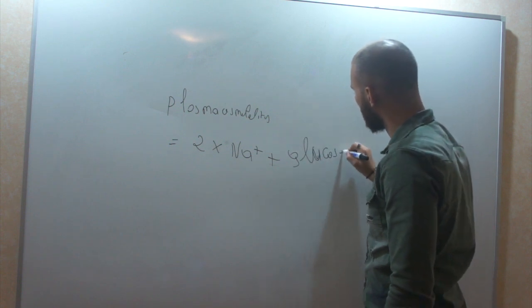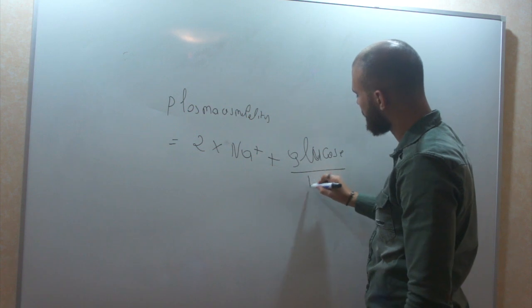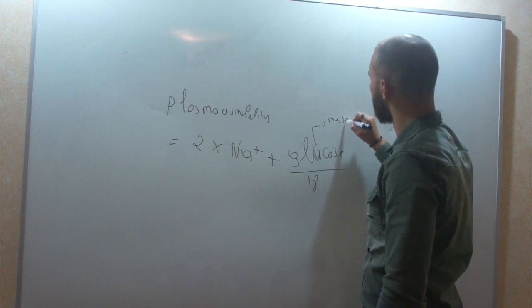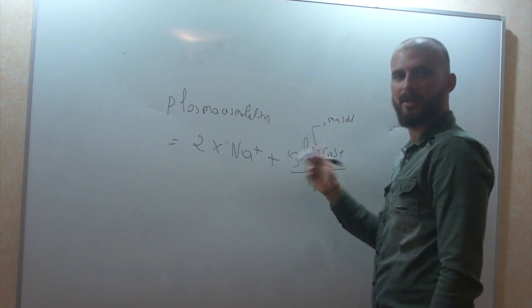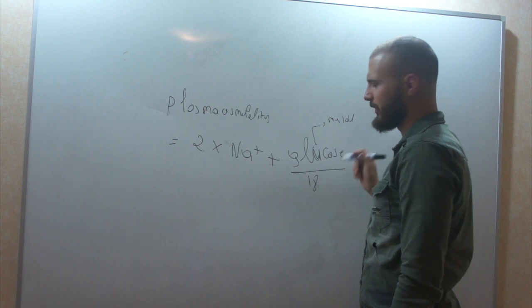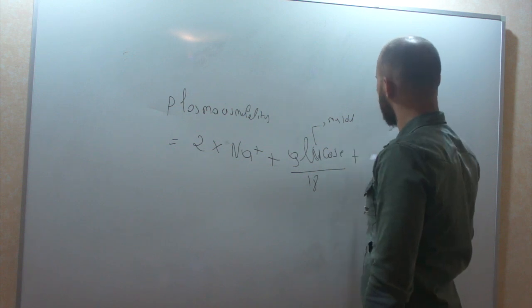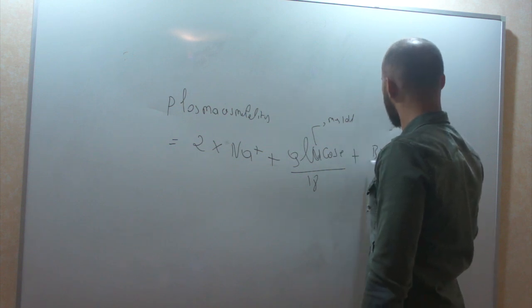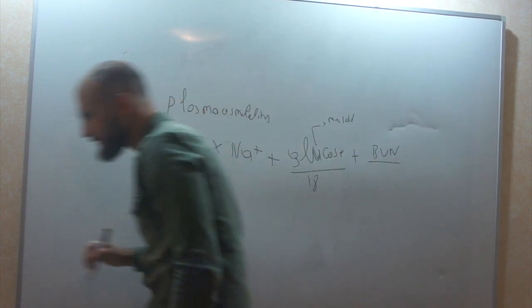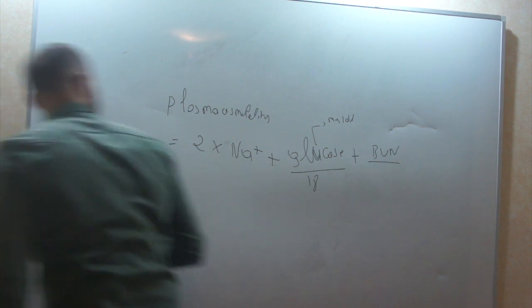The glucose is in milligram per deciliter, so if you divide by 18, you will get the result in milliosmol per liter. For BUN, you divide by 2.8.